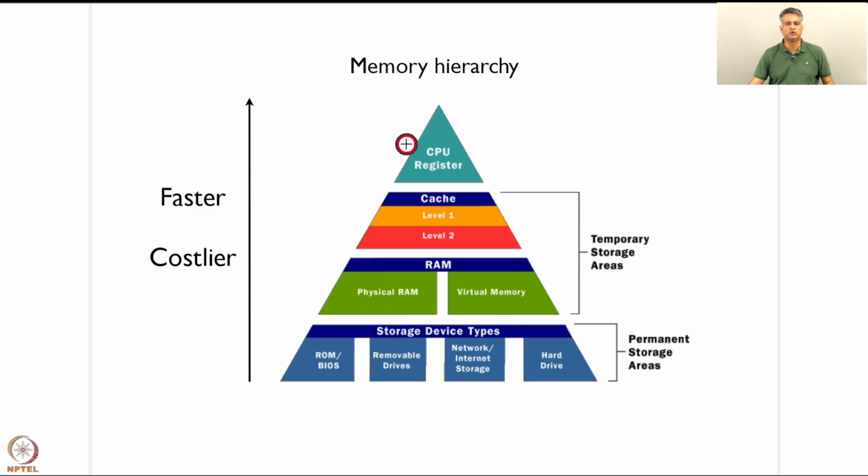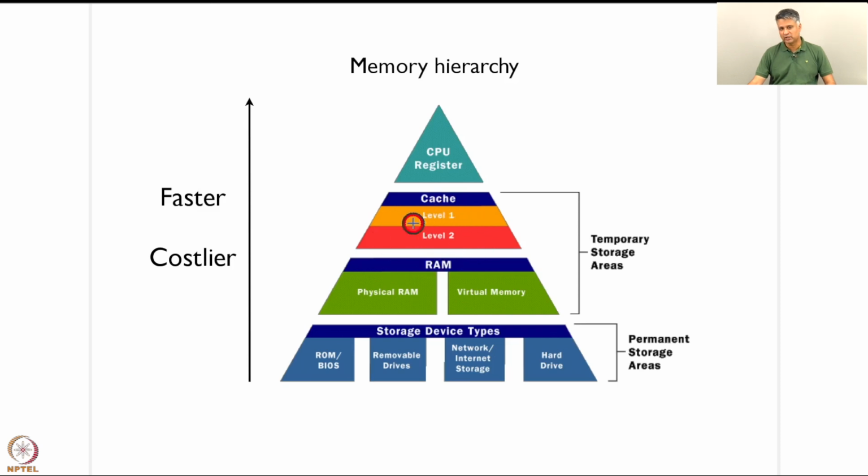In the CPU registers, data is usually accessed within a clock cycle, or I shouldn't say within a clock cycle because typically bare minimum it has to take one clock cycle. So a couple of clock cycles and you get data from the local register. From level 1 cache, it's a few clock cycles, same with level 2. Level 2 will be a little bit slower compared to level 1.